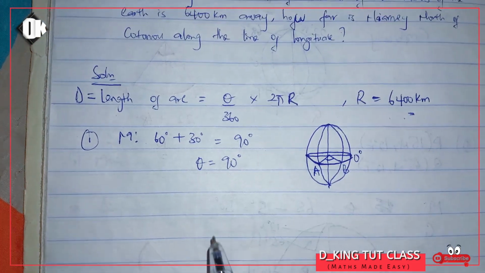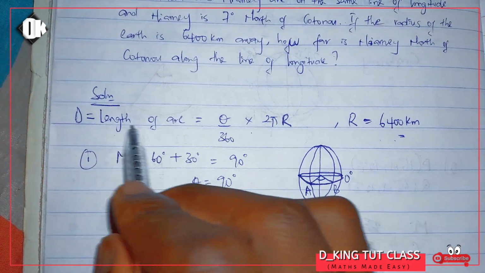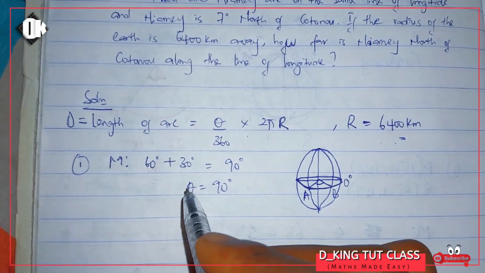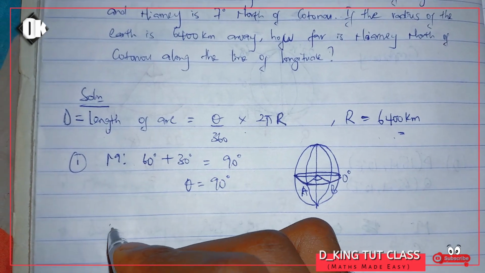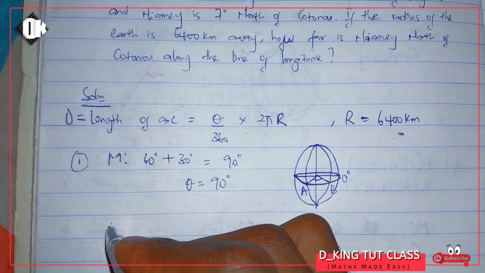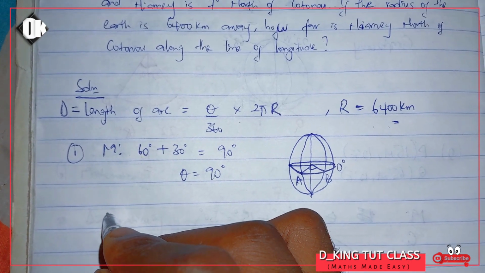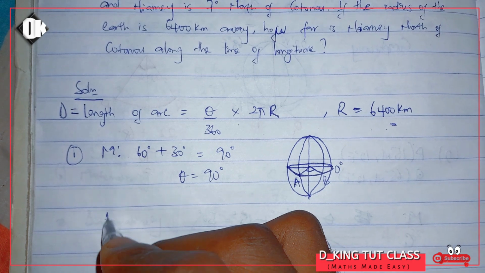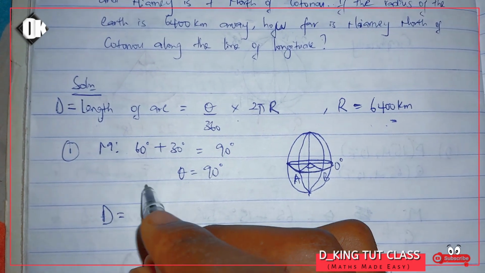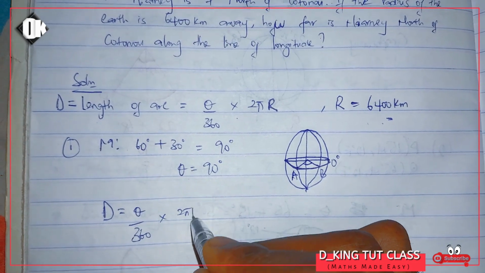Let's now solve. To solve is to use my formula to get my distance. Notice also we've been finding the angular distance, or the difference in latitude or difference in longitudes. In this case, I'm finding the distance, basically. So my D for this great circle case is theta over 360 times 2 pi r.